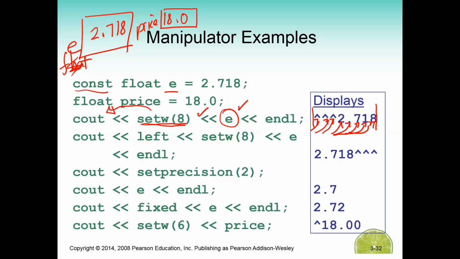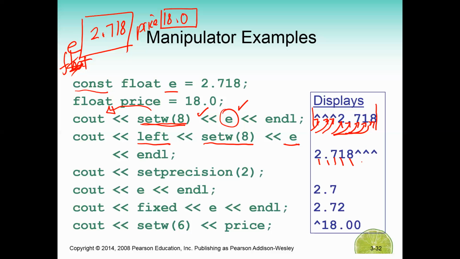Then we're changing it. Now cout, left. We're changing the alignment, right? We don't want the default that is to the right. I want you to change it to the left. Get me the same width, set W, and display there the E. So now look at what happens. It's moving the other way around. I have 1 character, 2, 3, 4, 5, but I have a column of 8.